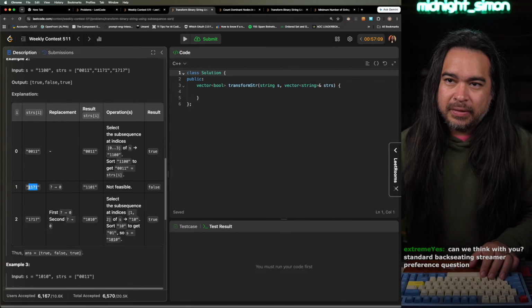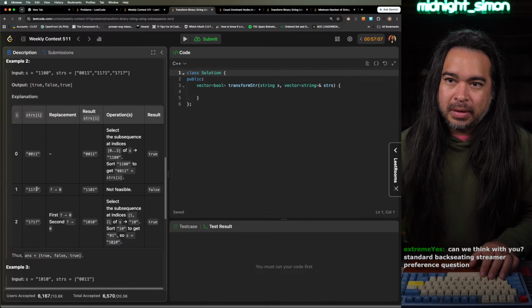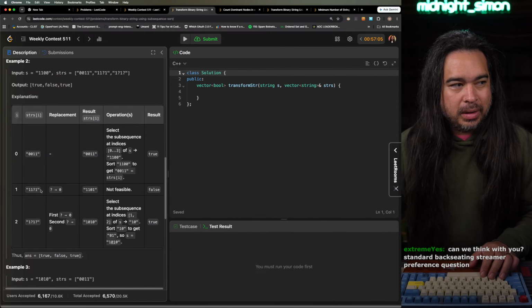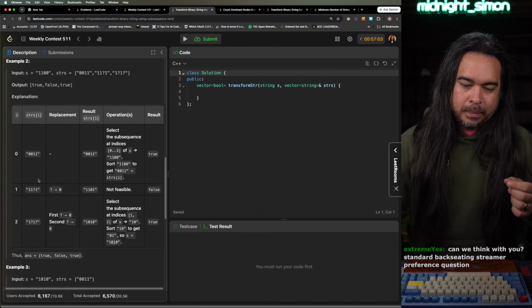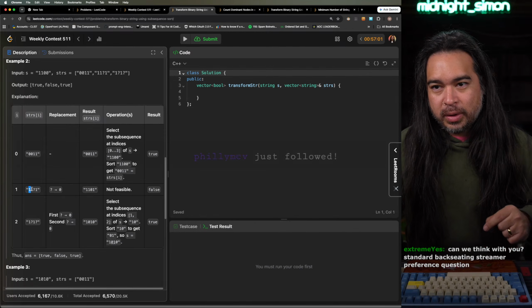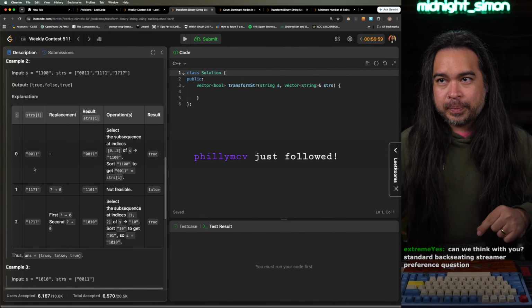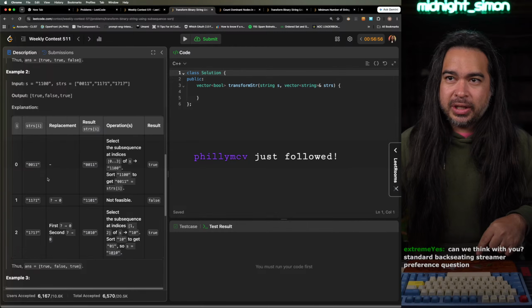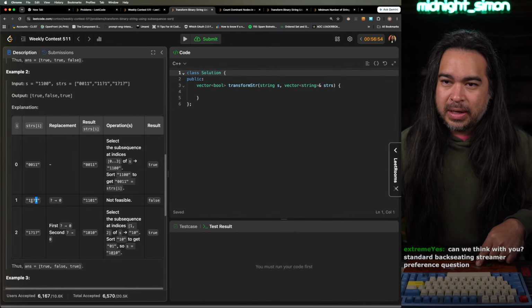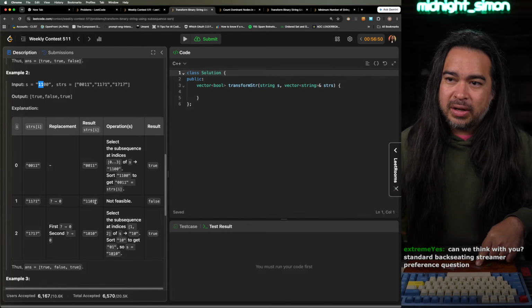This one is not feasible. If the count of ones or zeros is more than what's in the original string, it's not feasible. Like this one has 3 ones, the original string only has 2 ones, so not feasible.